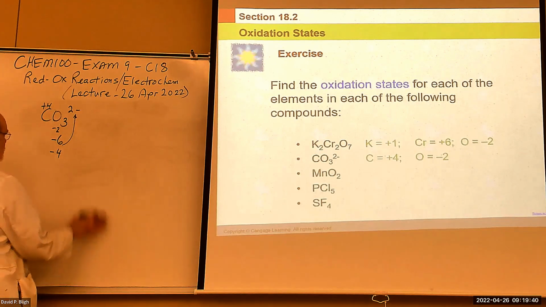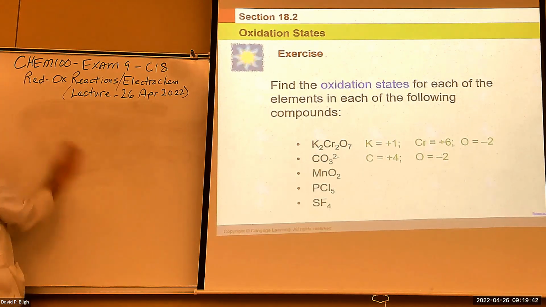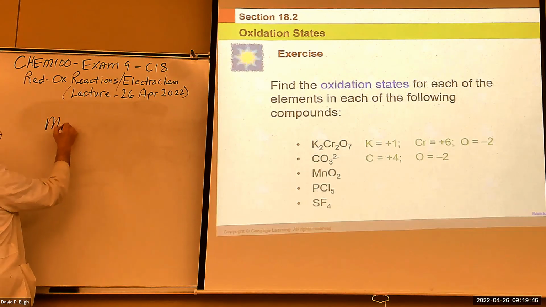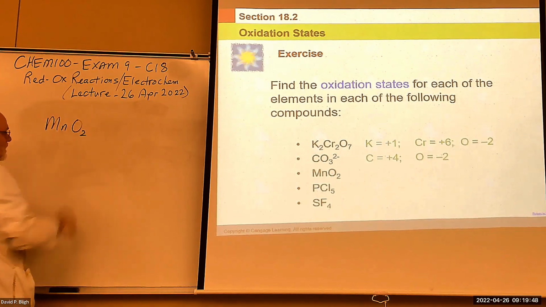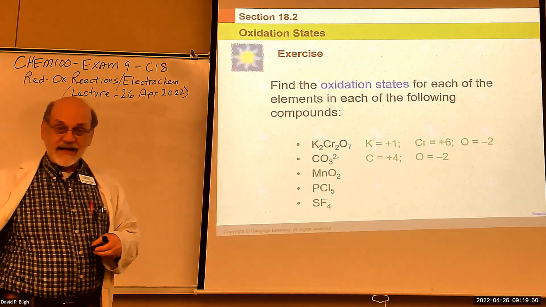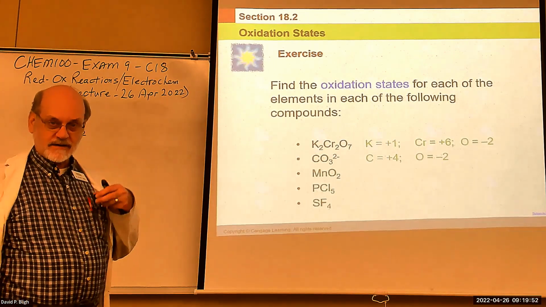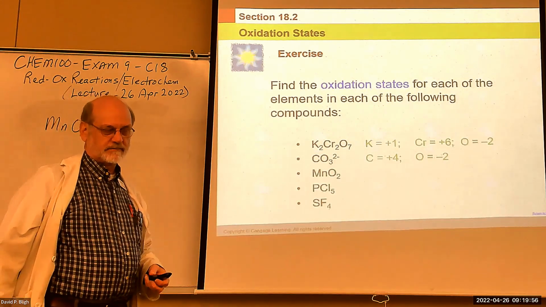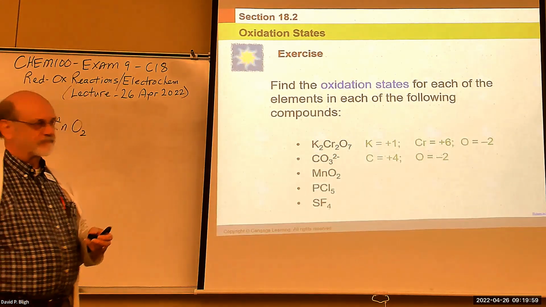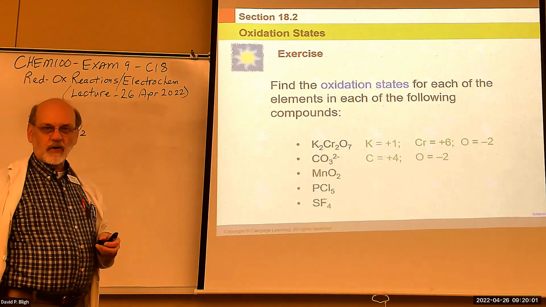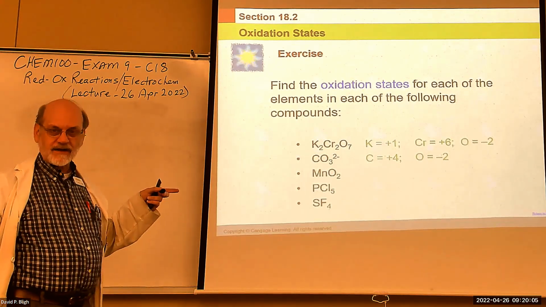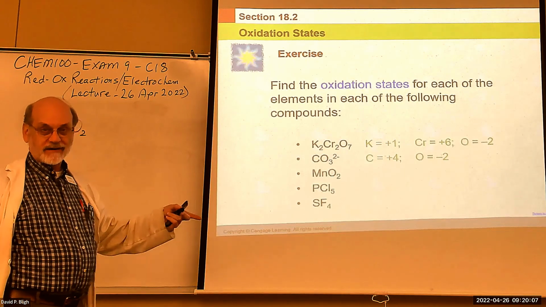Okay, manganese dioxide. This one should be fairly easy. Actually, that's not a complete name, is it? Because manganese has the potential for several charges. So we have to find out the oxidation state or the potential charge on manganese to name the compound correctly.